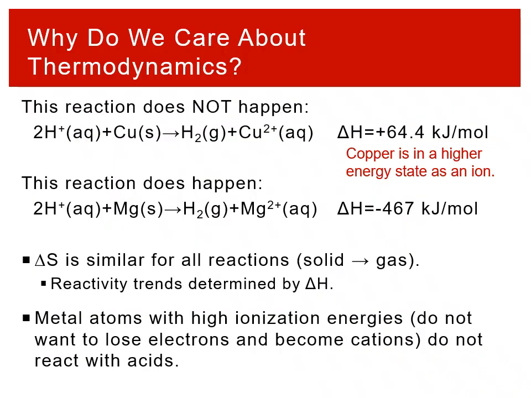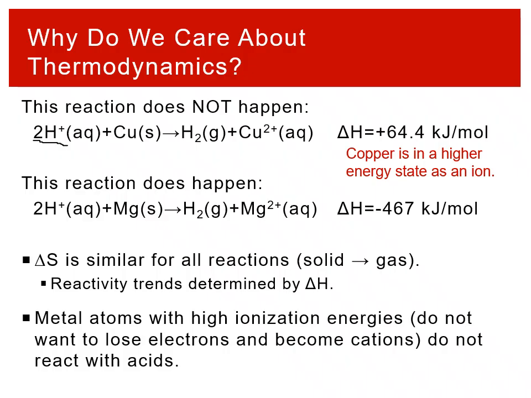If we want to figure out why, we can decompose these delta G's into an enthalpy part and an entropy part. In all of these reactions, it's an acid reacting with a metal. The part of the acid that's reacting is the H plus. It reacts with a metal, you produce hydrogen gas, and the metal becomes a cation.